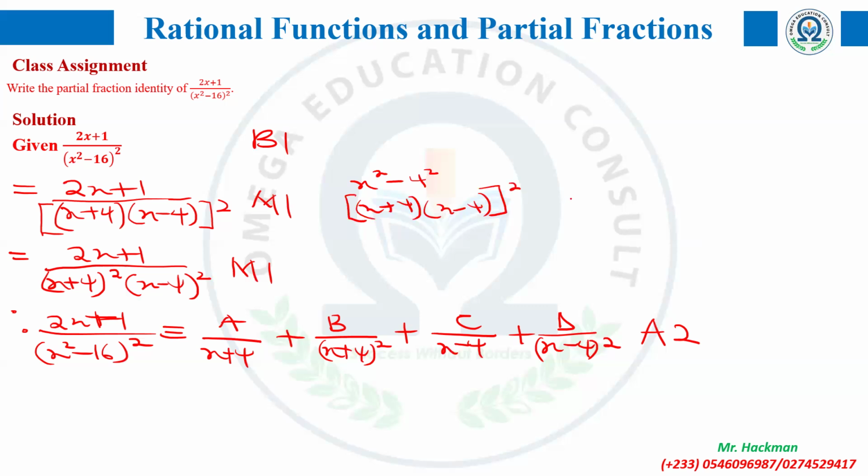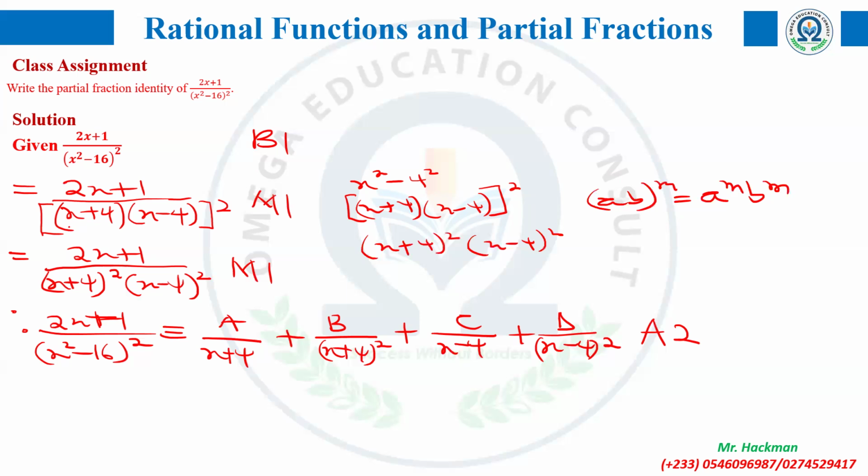From indices, if you have (ab) all to the power m, this is equal to a to the power m times b to the power m. So my a is the whole of this and my b is the whole of this. My denominator in actual fact will give me (S plus 4) all squared into (S minus 4) all squared.